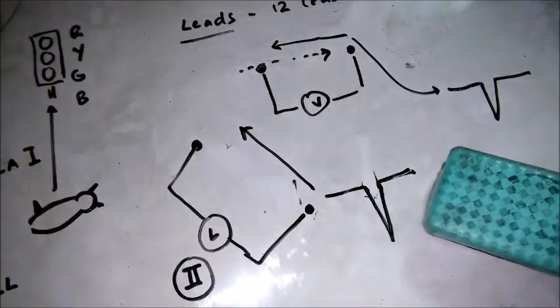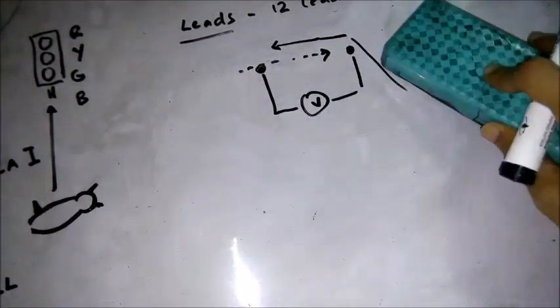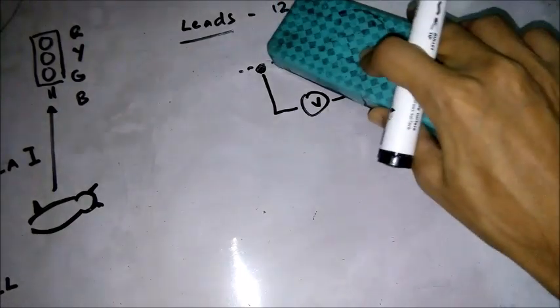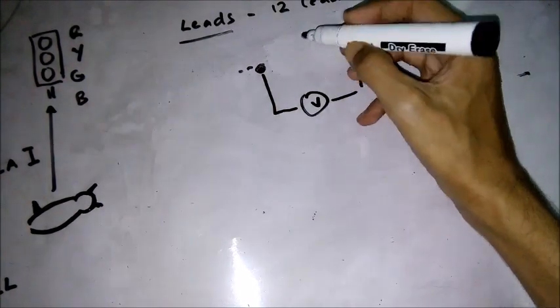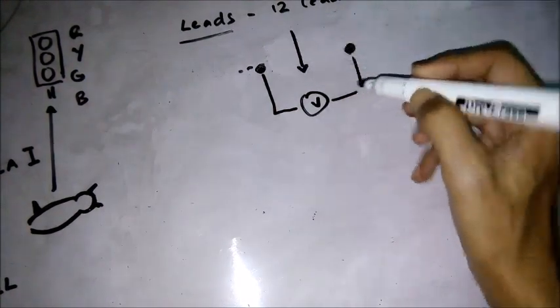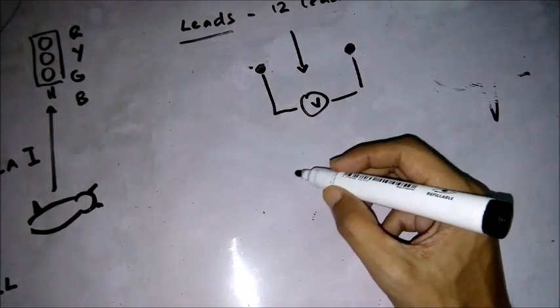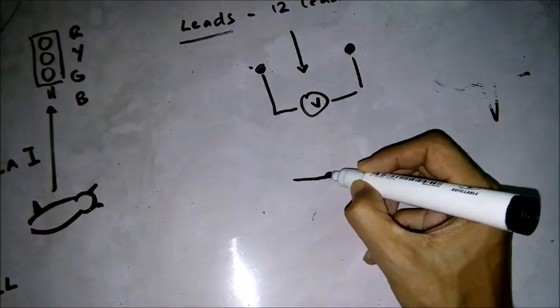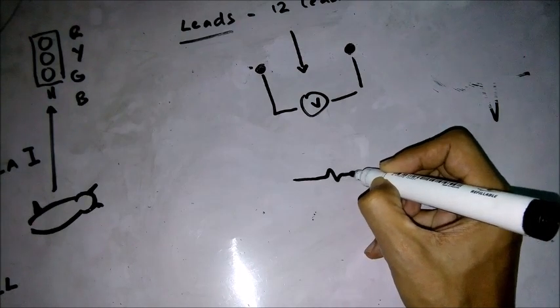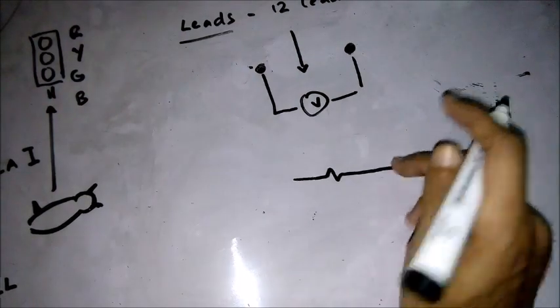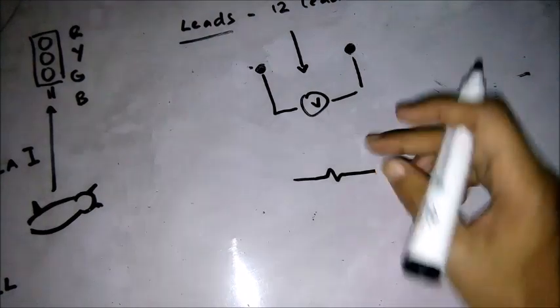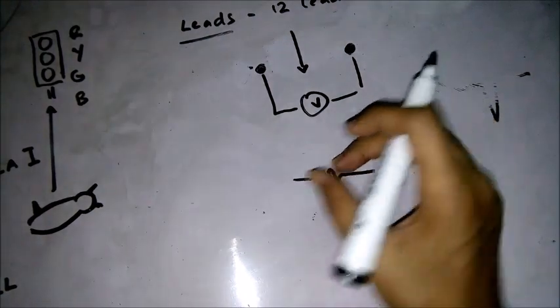But then there is another third scenario as well. Sometimes what can happen is that, for example, in lead 1, the electrical activity, rather than going here or here, is actually going in a perpendicular axis, right? It's going like this. So if the electrical activity is going in the perpendicular axis, then you will see very little deflection, something of this sort, and so it will be equal positivity, equal negativity.